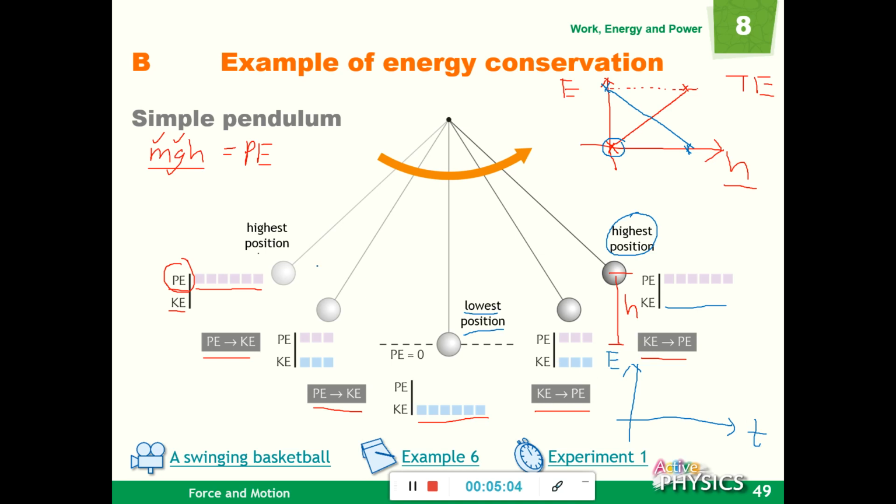For example, I can let this one be the initial position. PE will be maximum. Then here PE will be maximum, KE will be minimum. This one is KE. But in a certain time, PE will be minimum, it means 0, and KE will be maximum.